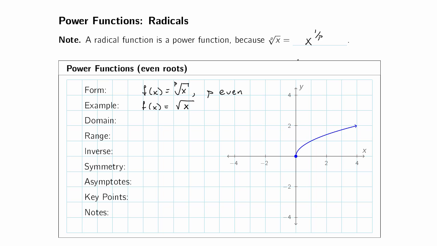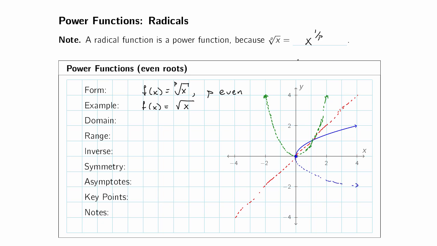Now, this is another graph that we have not seen before, but remember that these functions are defined as inverses. If we sketch in the graph of y equals x squared, we can imagine reflecting that across the line y equals x to get the graph of the inverse.